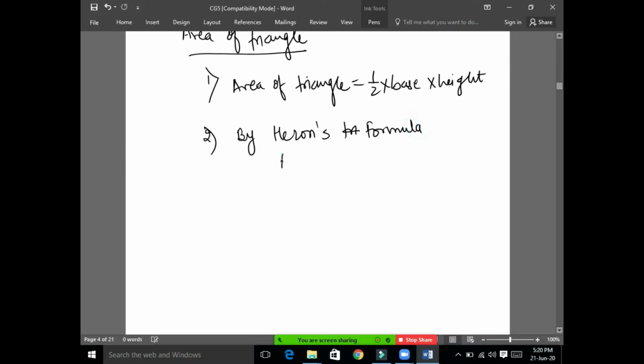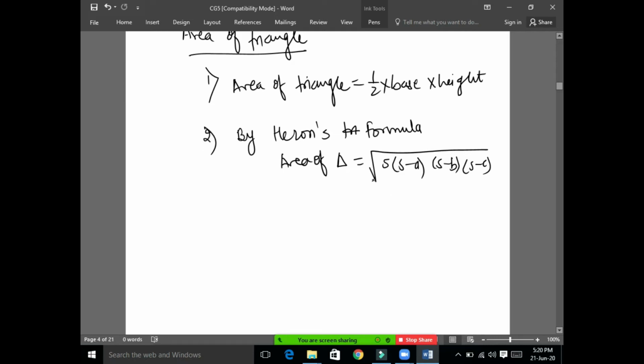So Heron's formula is: area of triangle is equal to square root of s into (s minus a) into (s minus b) into (s minus c), where s is the semi perimeter of the triangle. This formula we use in class 9 to find the area of a triangle, where a, b, c are the lengths of the sides and s is the semi perimeter of the triangle.